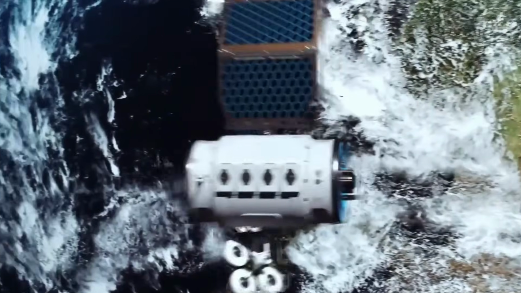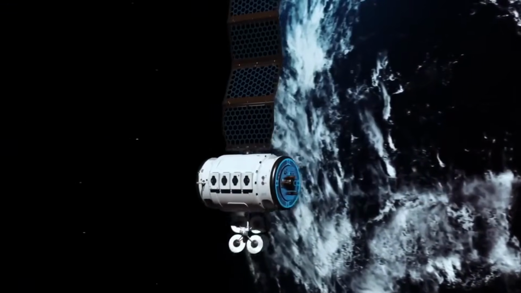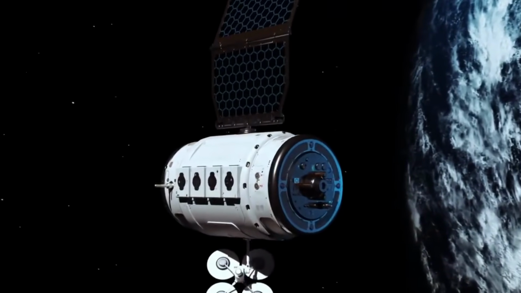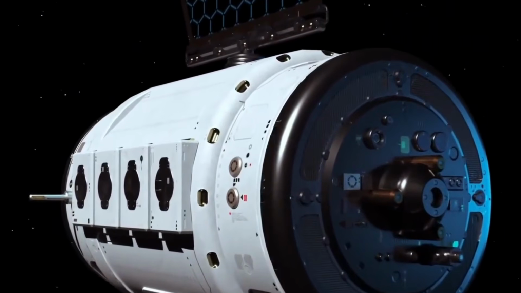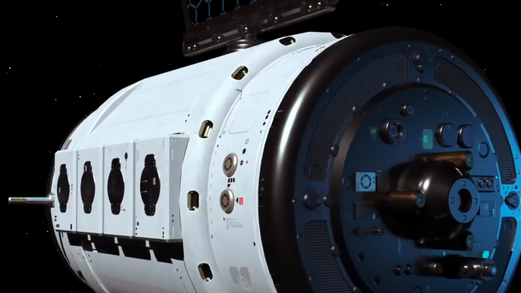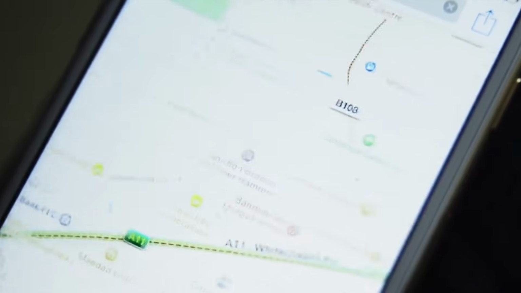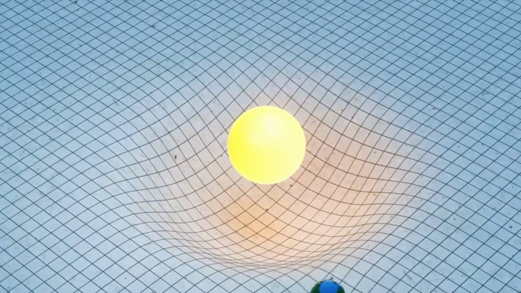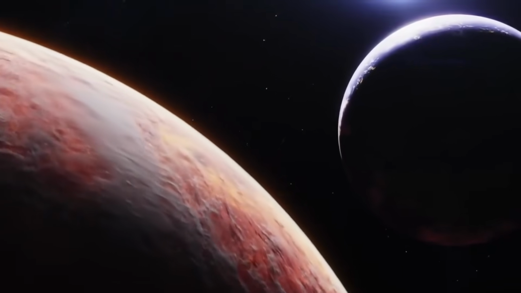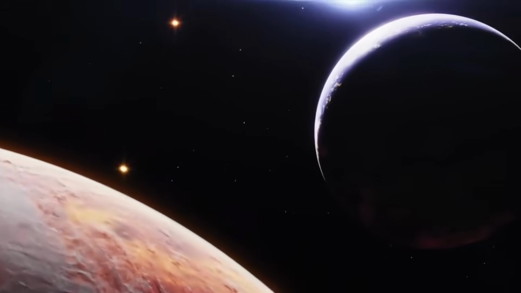Light is the ultimate perfectionist. It always takes the shortest and most efficient path through space. When a massive object warps the space around it, the shortest path is no longer a straight line in the traditional sense. To an outside observer, the light appears to bend, but from the light's own perspective, it is traveling as straight as the warped road allows.